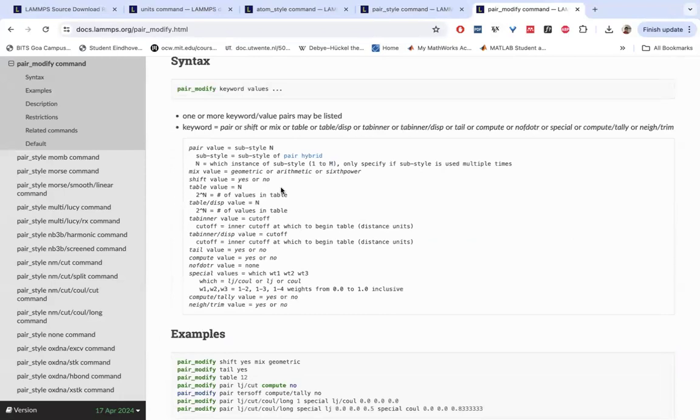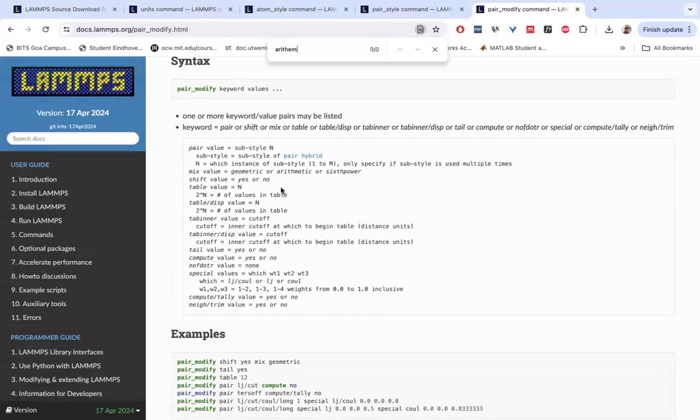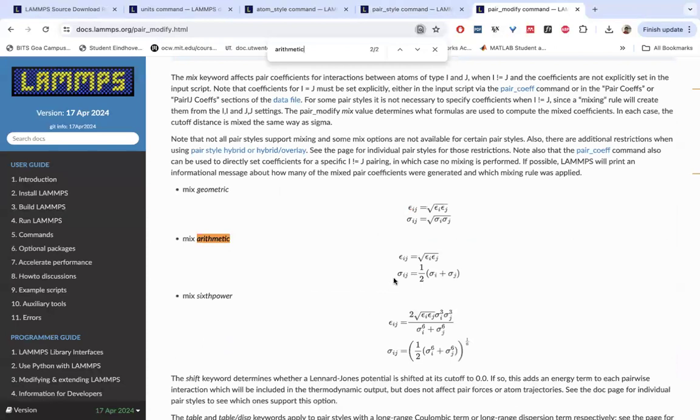So you see here, I can search for arithmetic. If you have an arithmetic mixing rule, then the energy of interaction ij, where i is H2 and j is CO2, when you have a mixture of H2 and CO2 interacting, then the Lennard-Jones epsilon that you will use is the square root of the product of the individual epsilon i and epsilon j.